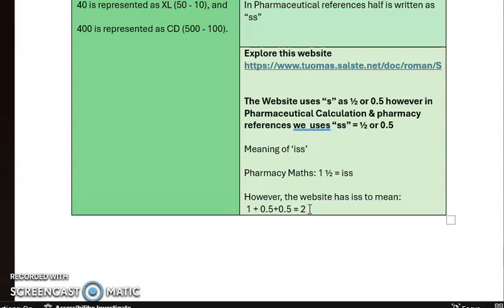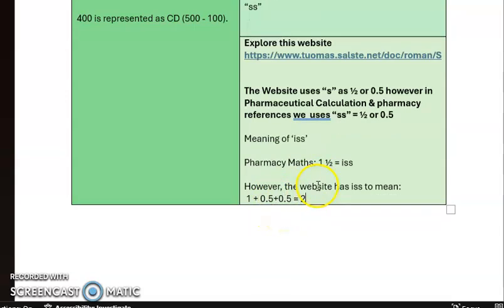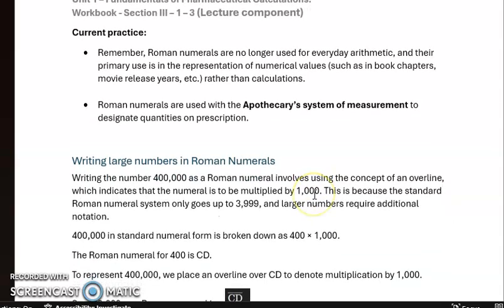So I thought that was a good way to show you that not everything on the internet you are to follow. Double check with your textbook, and it's clearly written in your reference book that SS, 2 S's, represent 0.5 in pharmacy practice. Whereas the calculator was adding 0.5 plus 0.5 to give you a value of 1. Just your heads up when you're looking at that.